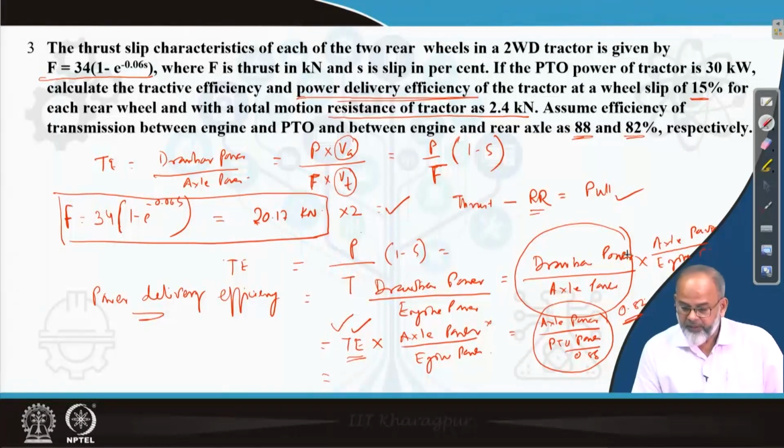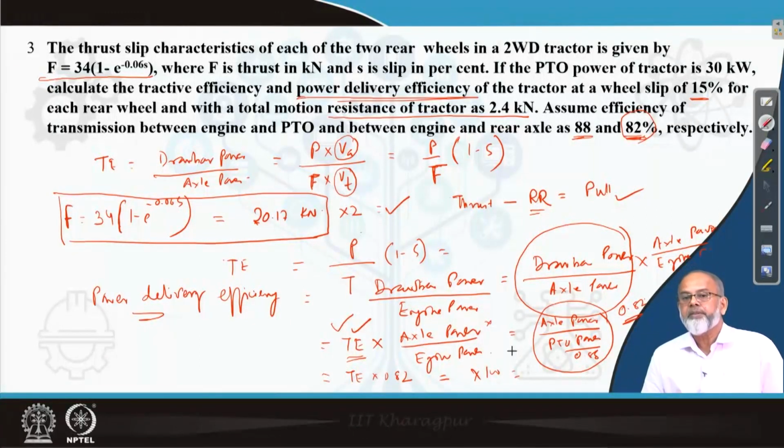Now, drawbar power by axle power is nothing but your tractive efficiency, which we have already calculated, and the axle power to engine power is directly given as 0.82. You don't have to convert to PTO power. Directly the ratio is given, 0.82. So, tractive efficiency into 0.82 directly multiplied will give you the power delivery efficiency. Then multiply with 100, so that will give you percentage.